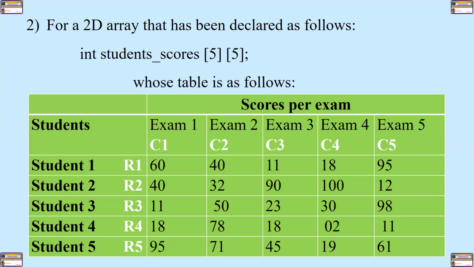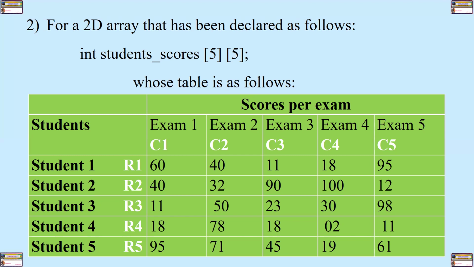So that's how you declare it using the subscript. Simply, it means the array is called student scores. The data that we are storing is of integer type, the numbers. But how many values per each dimension? Per row, we have 5 elements. Per column, we have 5 elements.